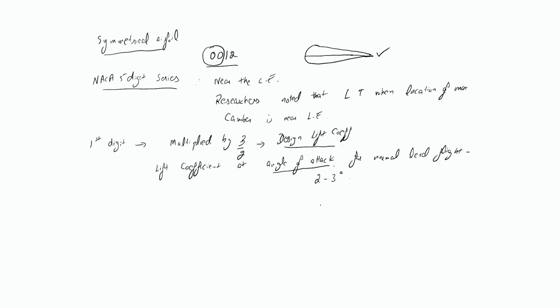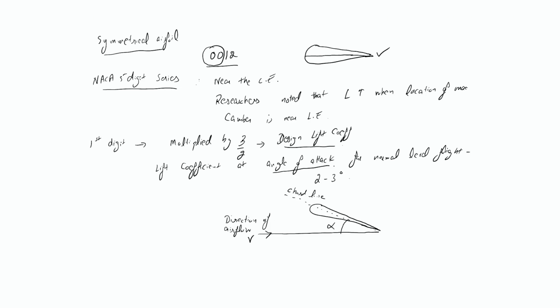Consider an airfoil. Now this is the chord line. And this, for example, is the direction of airflow. And the angle which is defined between the chord line and the direction of airflow, or the velocity you can mention over here, that is nothing but the angle of attack. And this we denote by alpha.